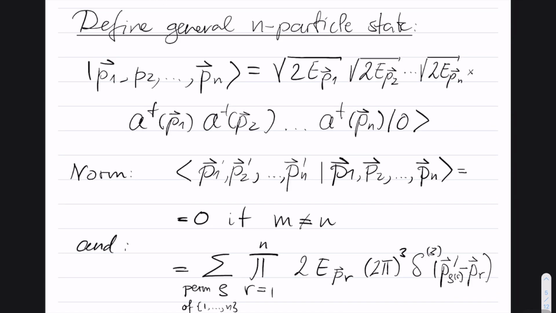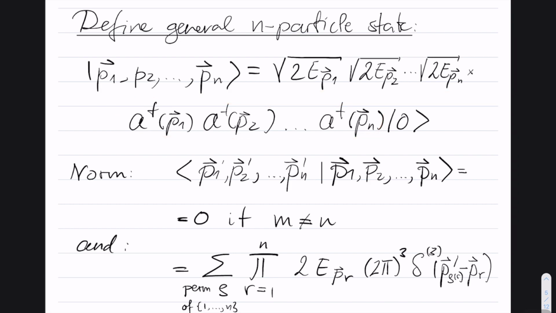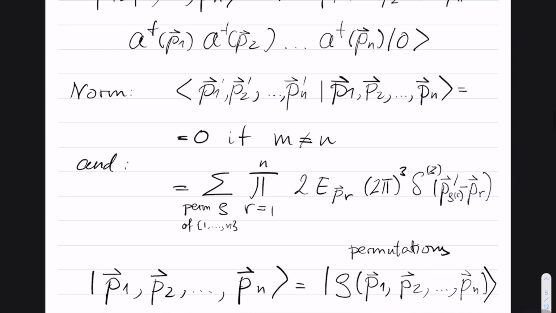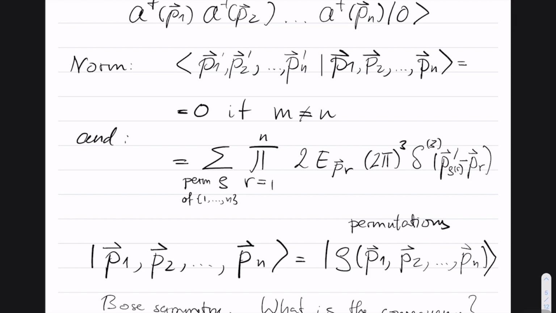This allows us now to generalize it to the n-particle state, the whole idea. We simply apply n creation operators to the vacuum and have n relativistic factors up front here. The norm is 0 if the number of particles is not equal. This should be m and n. So if the number of particles is not equal, this norm is always 0.